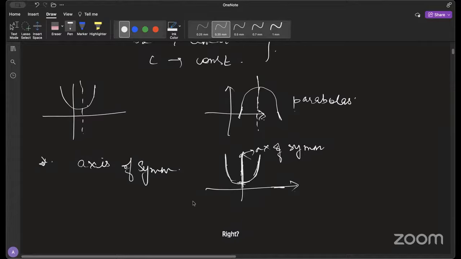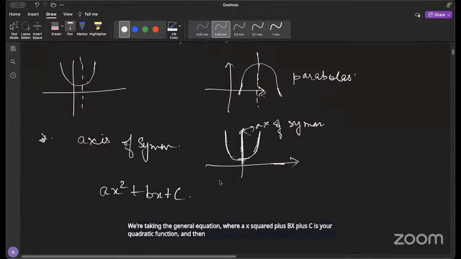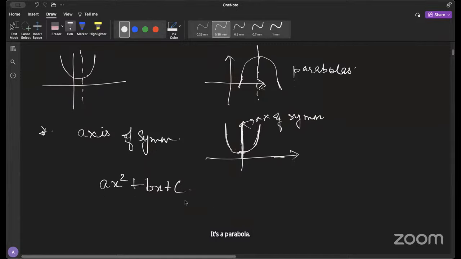And how do you find your axis of symmetry? If we're taking the general equation where ax square plus bx plus c is your quadratic function, it looks like this. It's a parabola. So your axis of symmetry is given by x equals minus b by 2a.